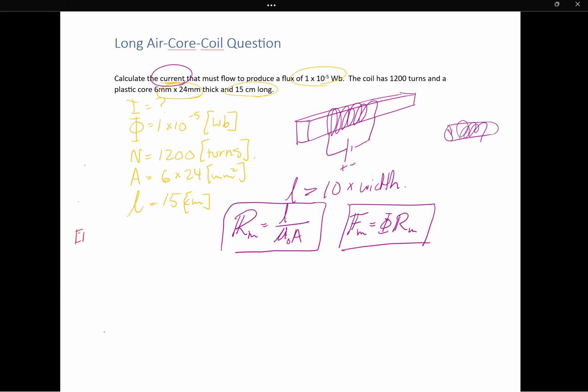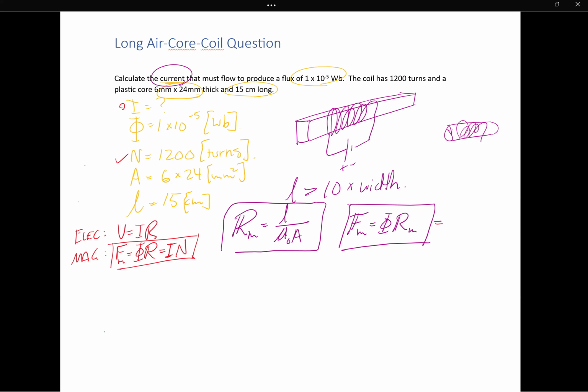In electricity, we have V equals IR, and in magnetics, we typically have F or FM equals flux times reluctance. And that is equal to the current times the number of turns. A very common equation in magnetic circuits is current times number of turns. We do have the number of turns here, and we are looking for the current.